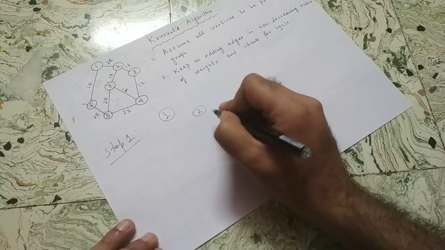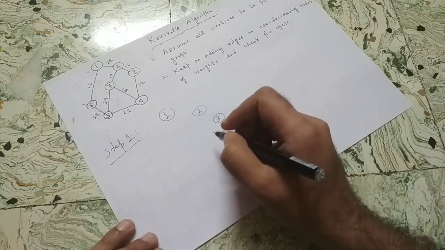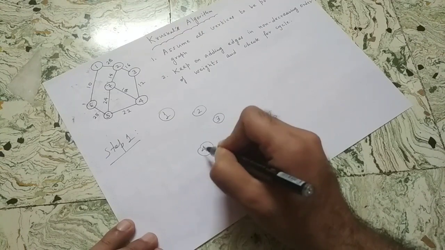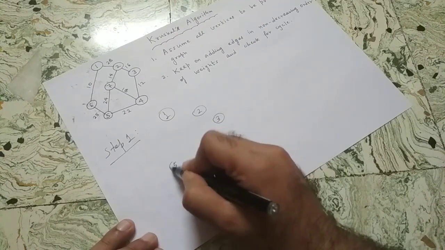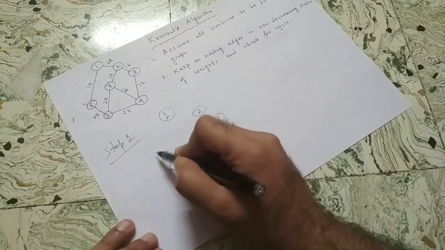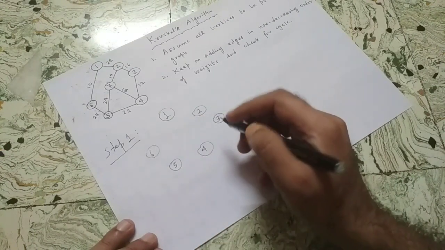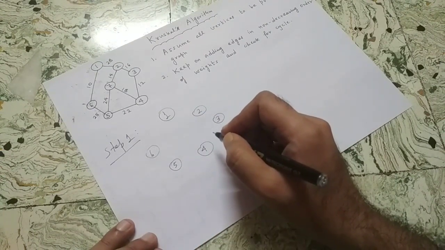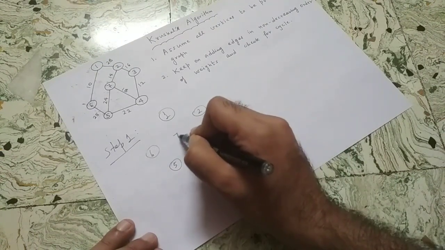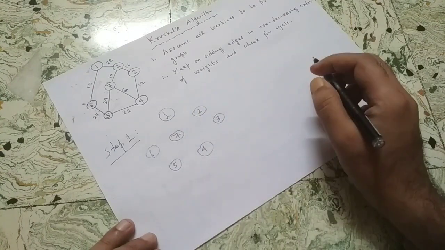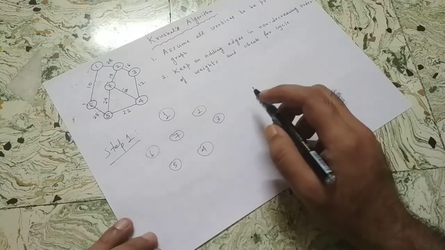So let me just list out the vertices. So this is 3, this is vertex 4, this is vertex 5. And another difference between Prim's and Kruskal's is that in Prim's algorithm we didn't require the checking of cycles, but here we have to check for the presence of cycles.